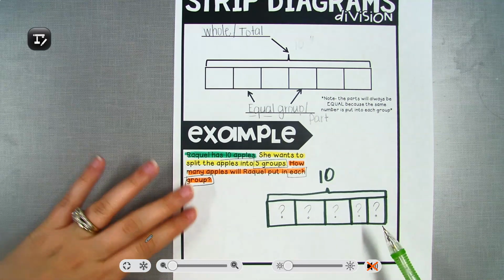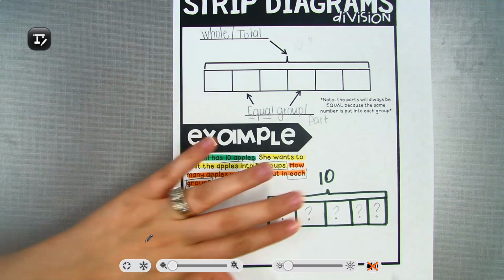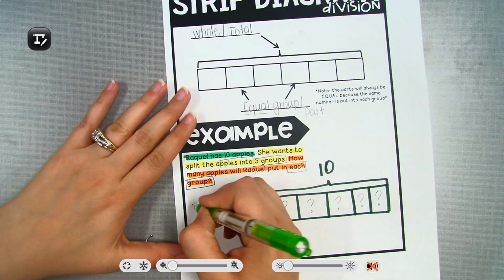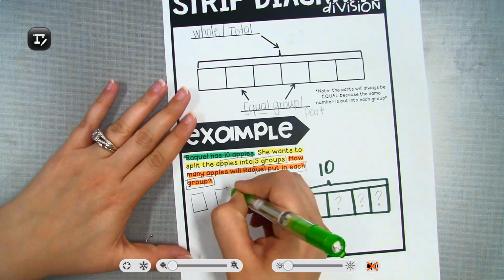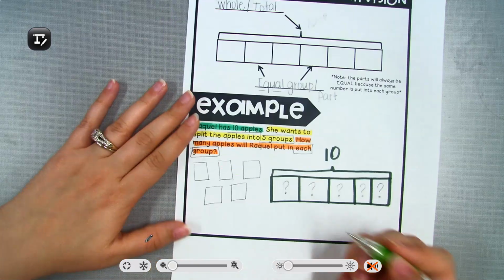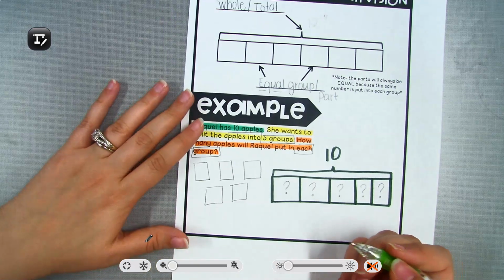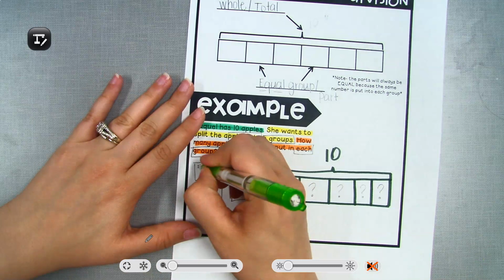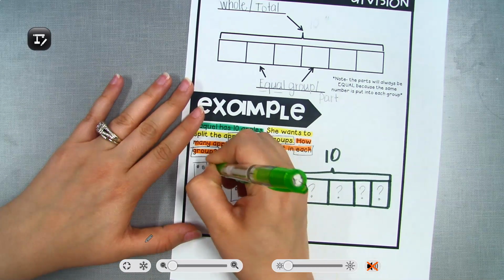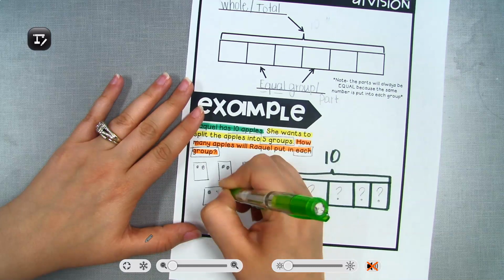I'm going to come draw a picture over here. I mean, you can do them in the boxes, but our numbers need to be in the boxes. So I'm going to draw my groups. 1, 2, 3, 4, 5. Okay, and I'm just going to give each group an apple until I run out. So 1, 2, 3, 4, 5, 6, 7, 8, 9, 10.